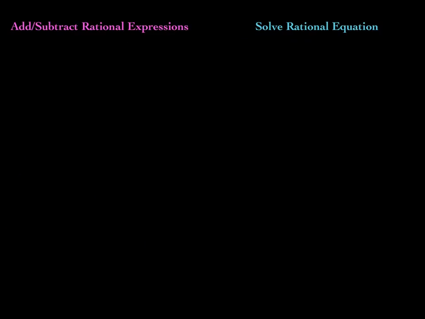I thought you might appreciate, before we end this lesson, a little summary differentiating between the processes of adding or subtracting rational expressions from the process for solving a rational equation. So check this out. I hope this is helpful.